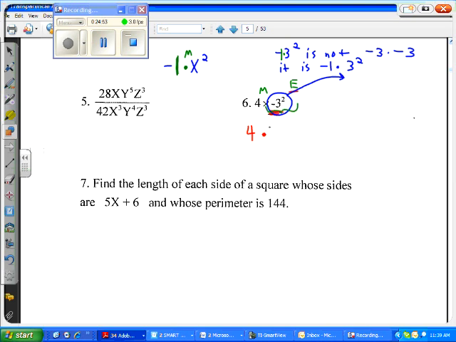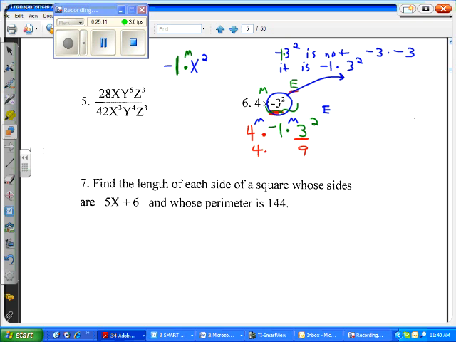And so we're going to rewrite this as what it really means to us, negative 1 times 3 squared, which shows us three operations: multiplication, multiplication, and exponent. And we know that we are to do the exponent first and get 9.